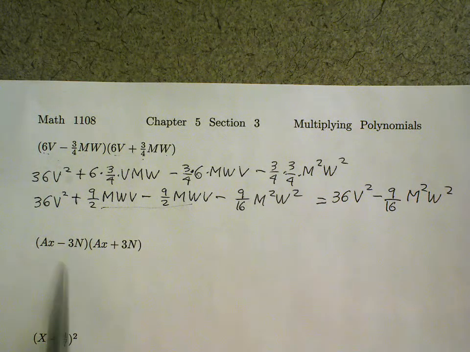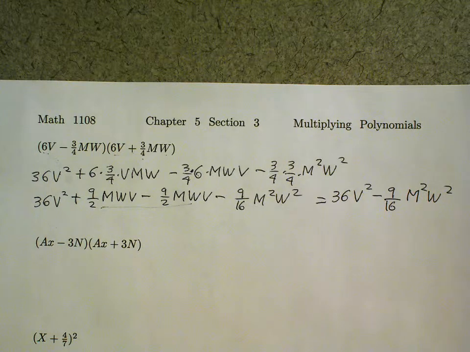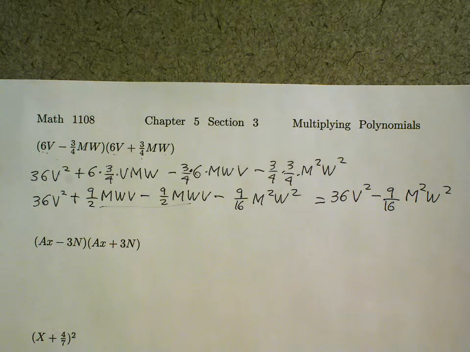Okay, the next one, ax minus 3n times ax plus 3n. So what's going to happen this time? They are conjugates again.